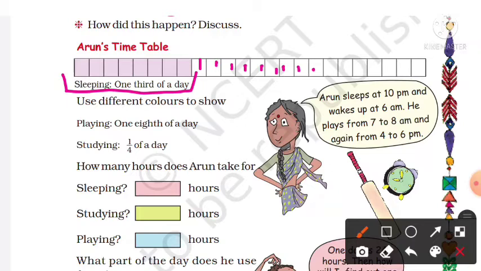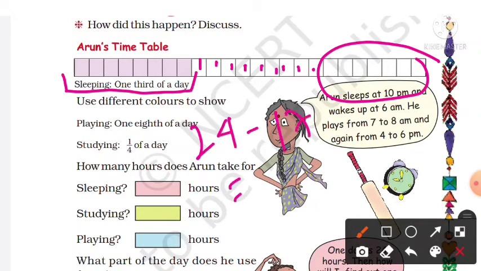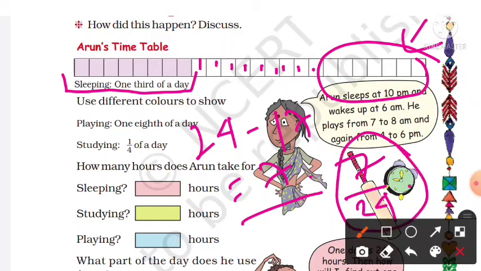So total completed is 17 and total boxes are 24, so the remaining number is 7. So he used 7/24 part of the day for other activities.